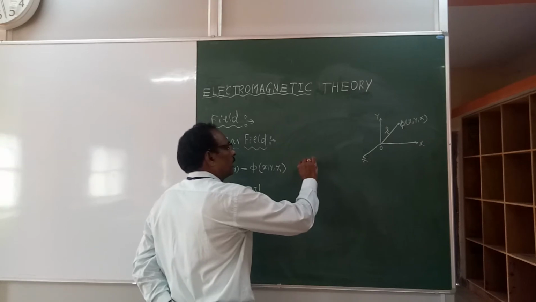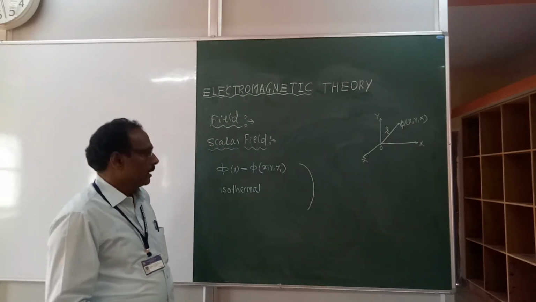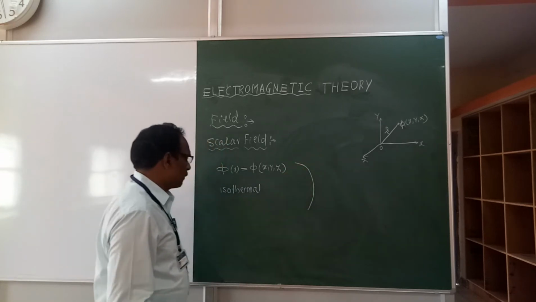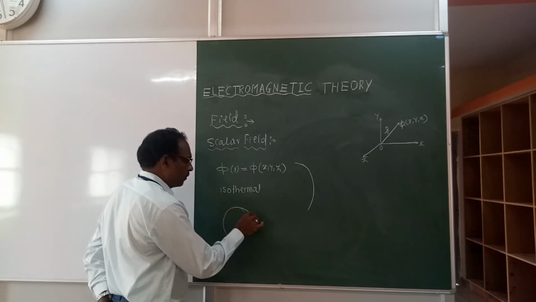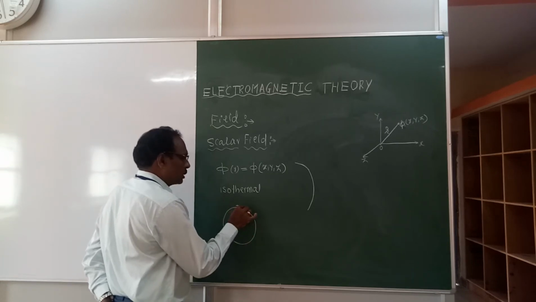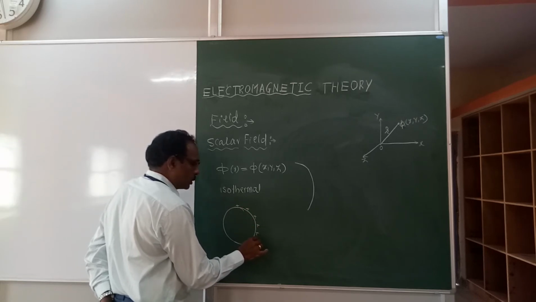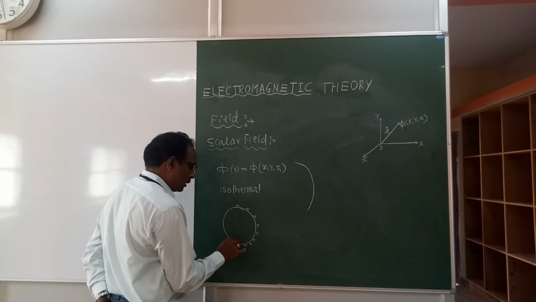So by drawing a surface, here this is an equipotential surface. This surface has equal potential. Potential is equally distributed.